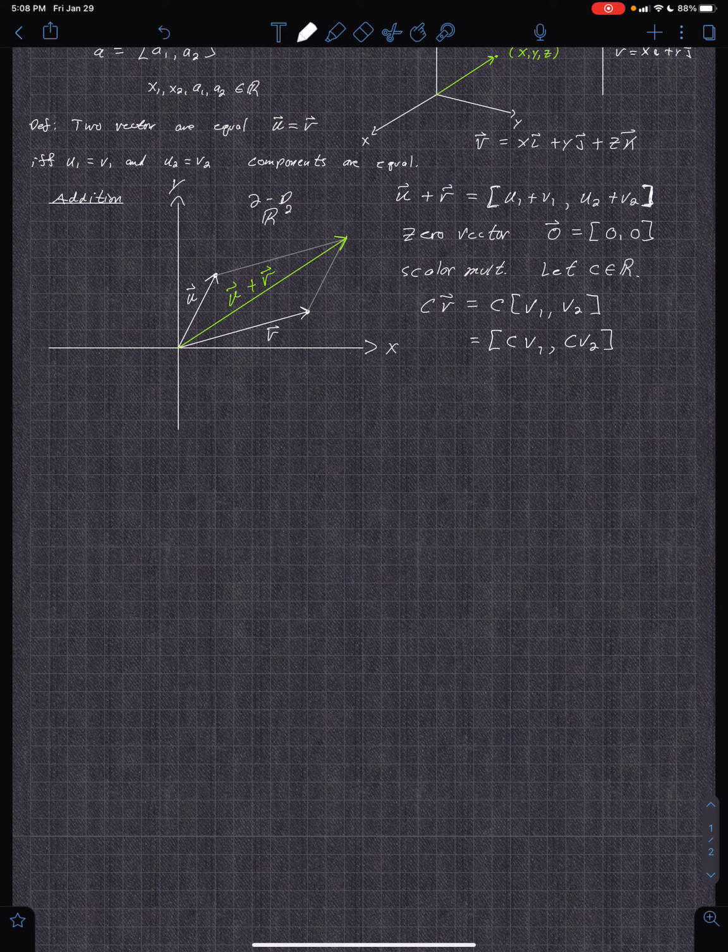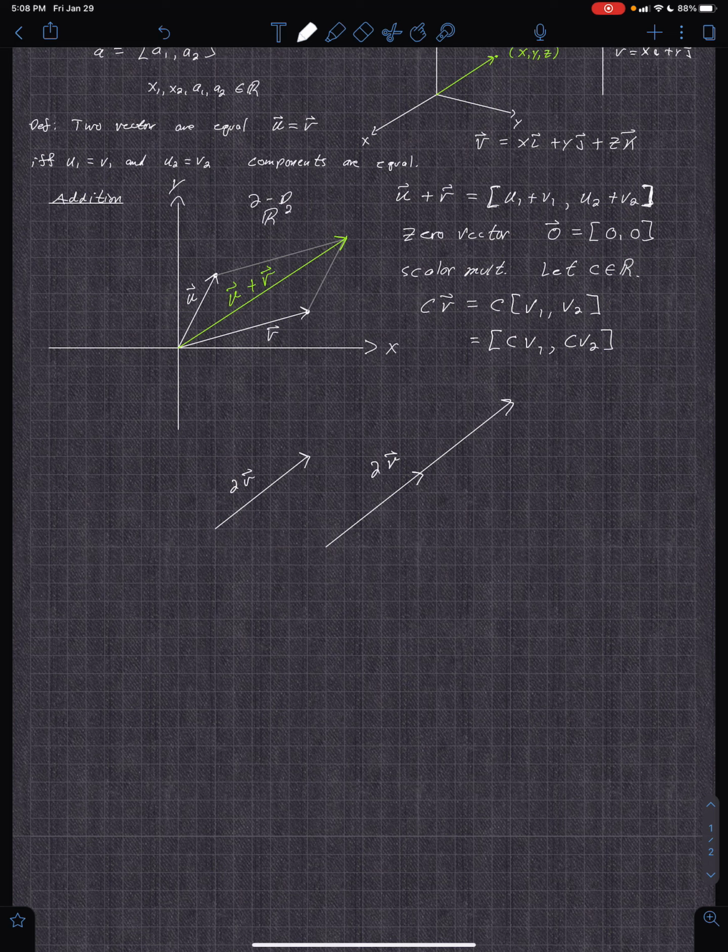So if you're given a vector v like that, then we can duplicate that. If we do 2v, then of course that's just duplicated in the same direction. So that's essentially 2v, given that this is v.